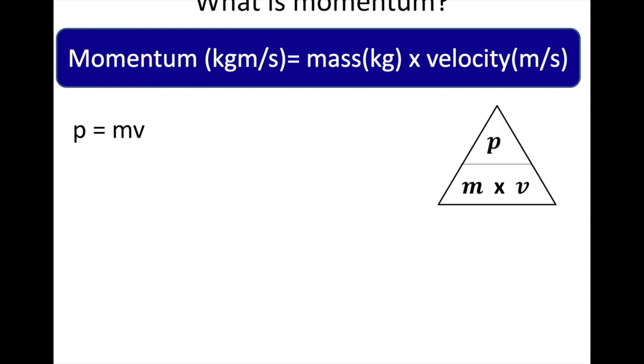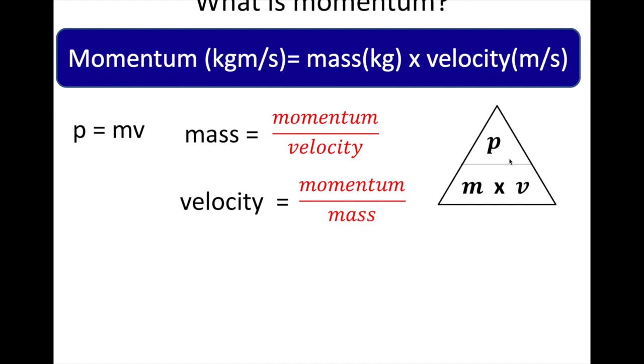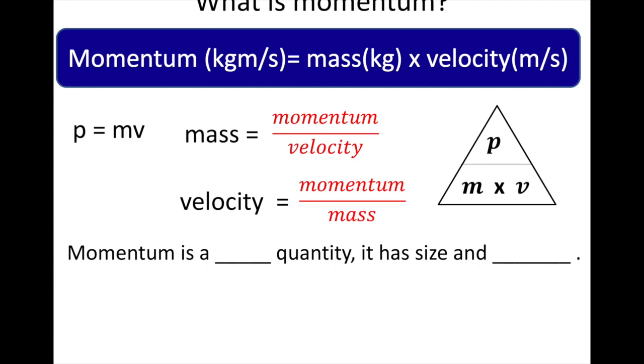If you need to put it in a triangle to rearrange, it goes like that, and of course therefore mass is momentum over velocity, and velocity is momentum over mass. And finally, momentum is a vector quantity, so it has size and direction.